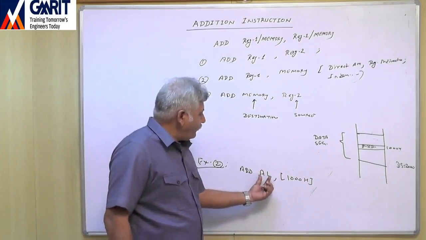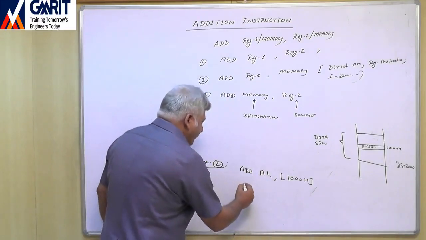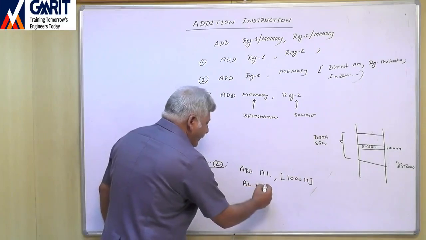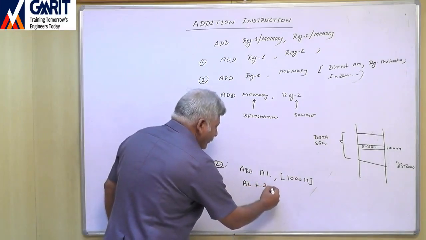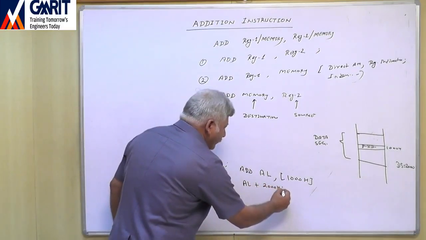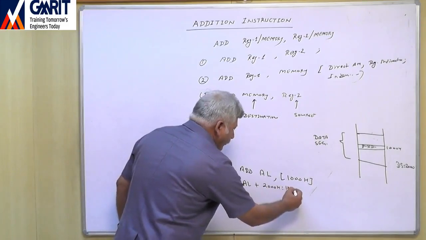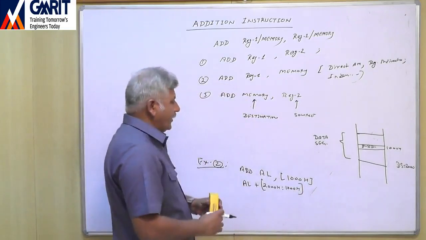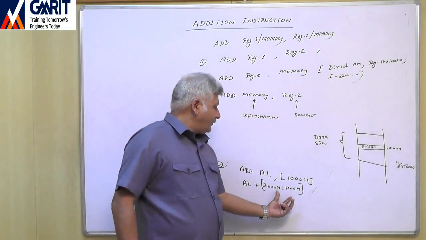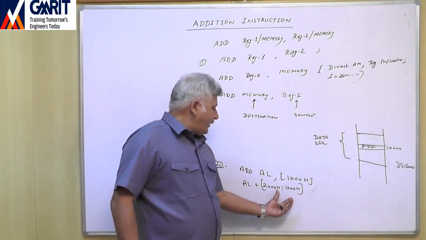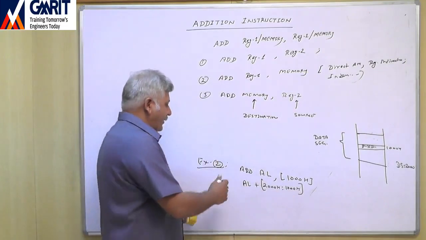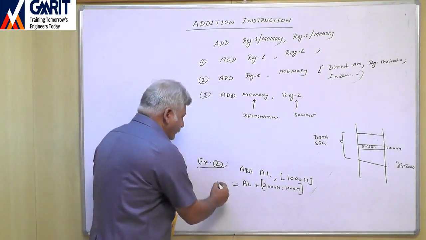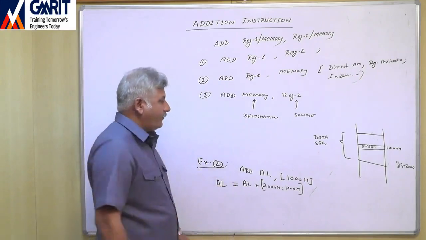So the value of the AL register will be added with the data at 2000H colon 1000H, that is the physical address. That 8-bit value will be added with AL and finally the result will be stored in AL.